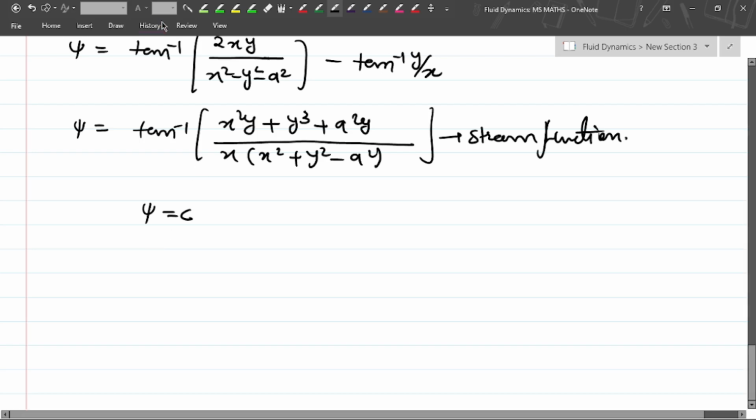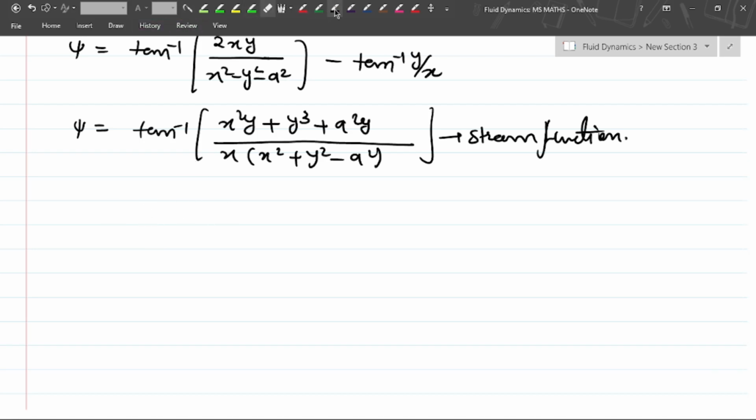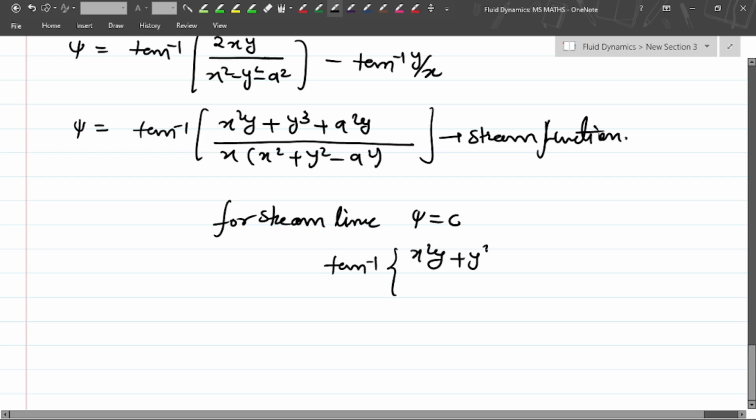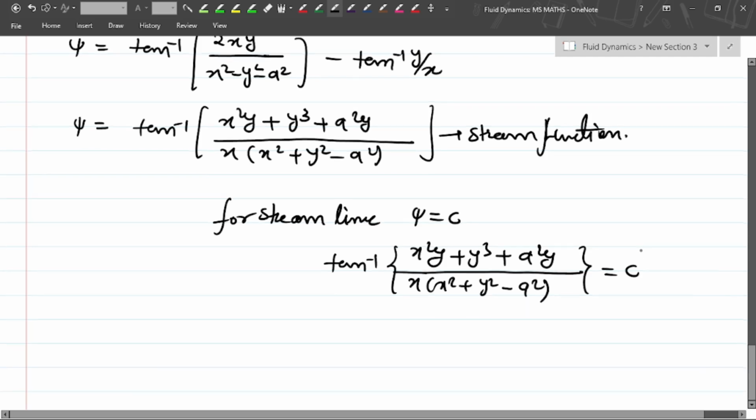For a streamline we'll just put psi is equals to c here. So the tan inverse of x square y plus y cube plus a square y divided by x into x square plus y square minus a square is equals to some constant c.